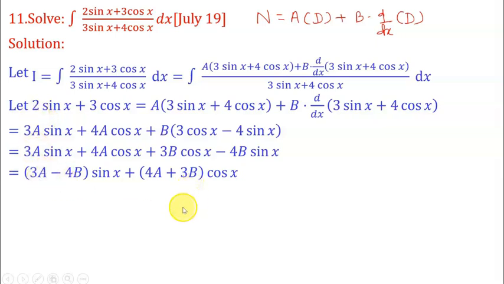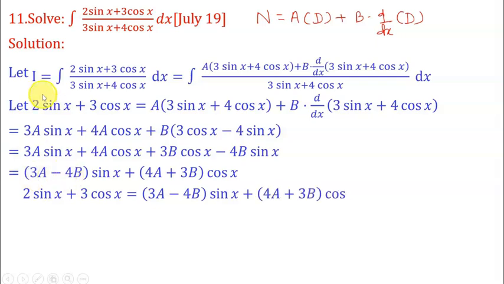Now compare the coefficient of sin x. Here the coefficient of sin x is 3a minus 4b, and on the left hand side the coefficient of sin x is 2. Therefore, you get the first equation, 3a minus 4b is equal to 2. The coefficient of cos x is 4a plus 3b, and on the left hand side it is 3.